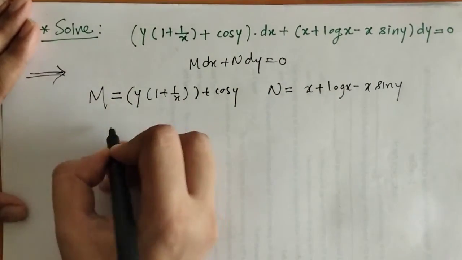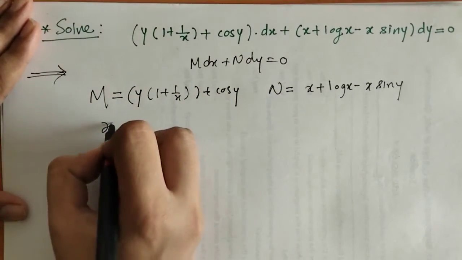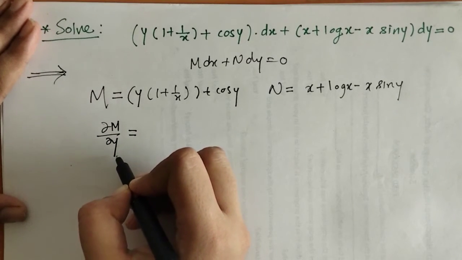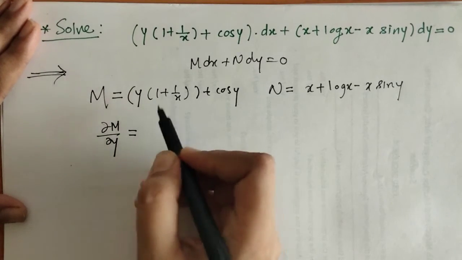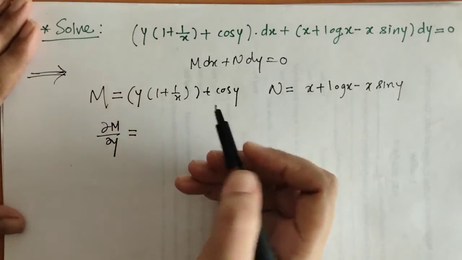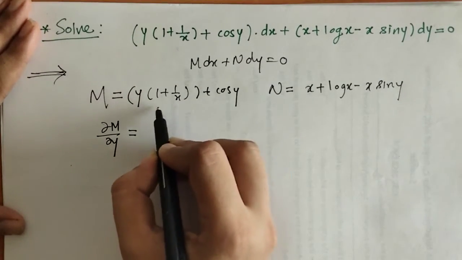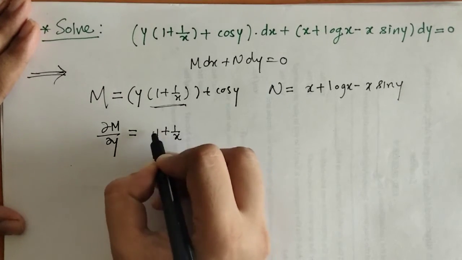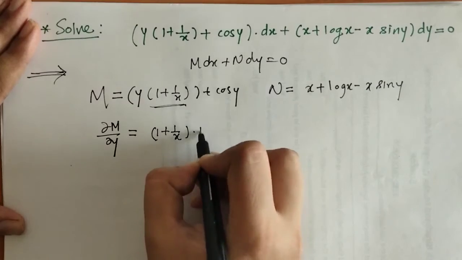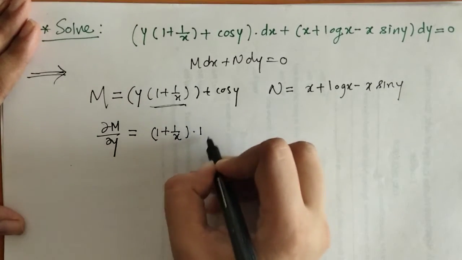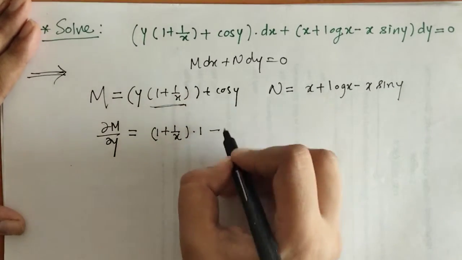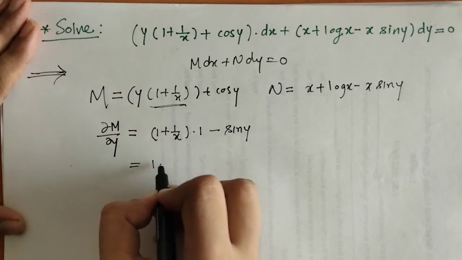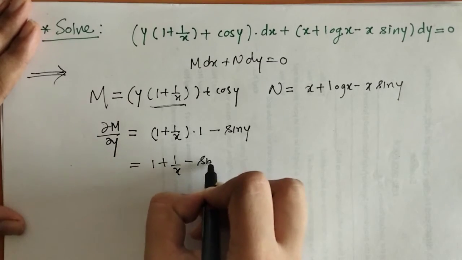Now we have to find del M by del y, M differentiation with respect to y, keeping x as a constant. So yes, here we have y and this is constant, so we will have 1 plus 1 upon x. Y differentiation with respect to y is 1. Cos y differentiation is minus sin y. Okay, so we got this one.